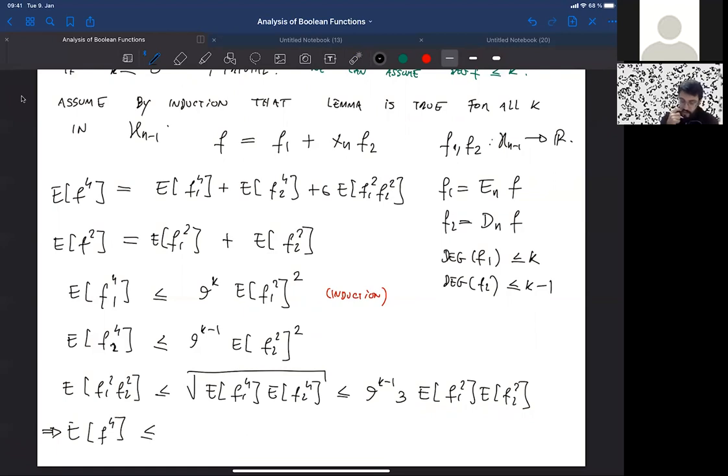the expectation of f4 is just less or equal than what? 9^(k-1) times the expectation of f1 squared plus 9 times the expectation of f2 squared plus 12 times the expectation of f1 squared times the expectation of f2 squared.